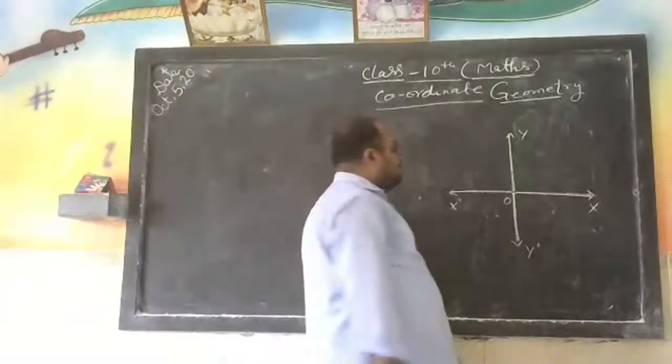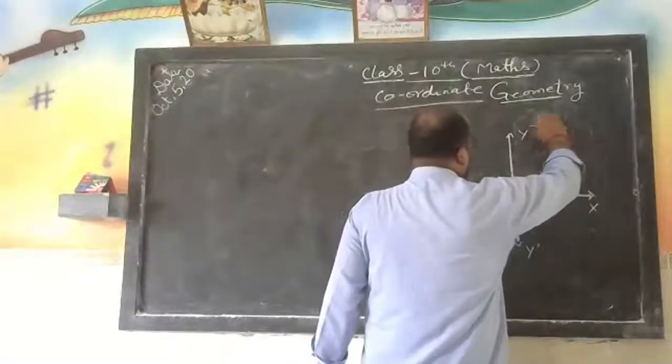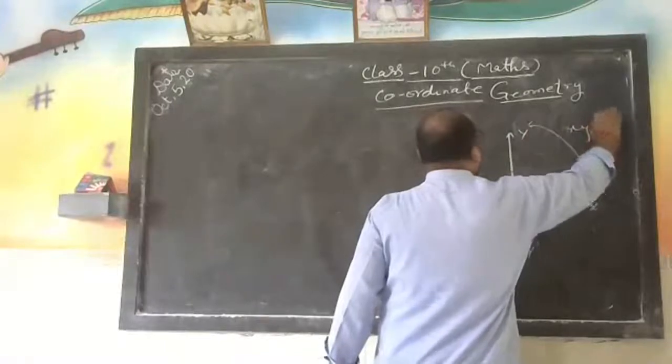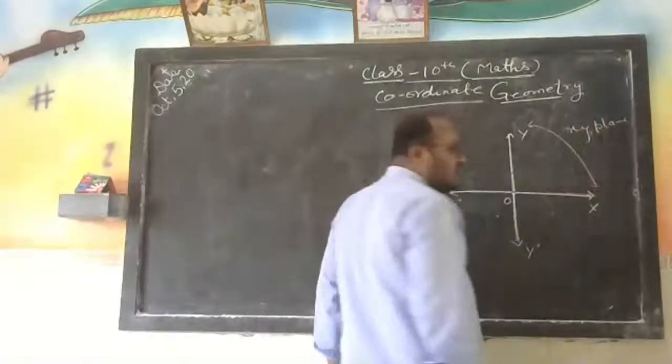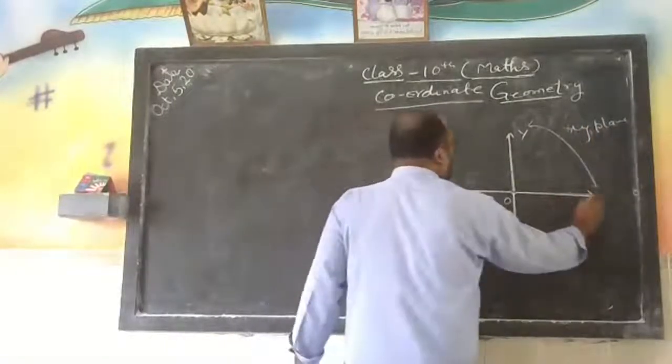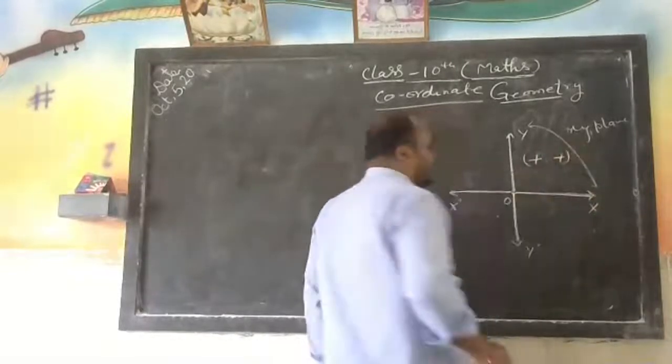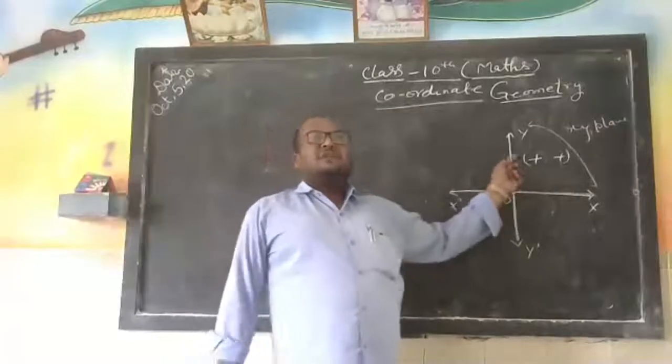Then this is called the xy plane, and all points are positive in this plane. This is also called the first quadrant.